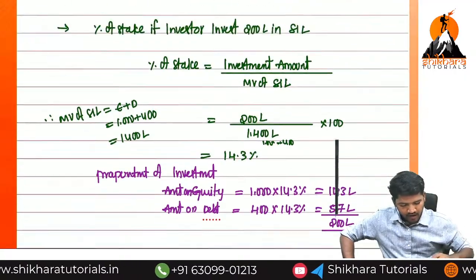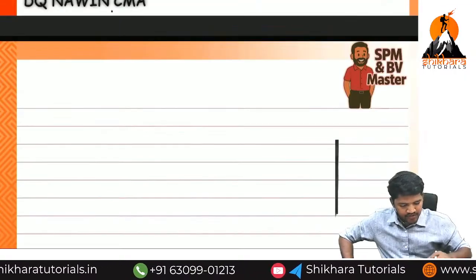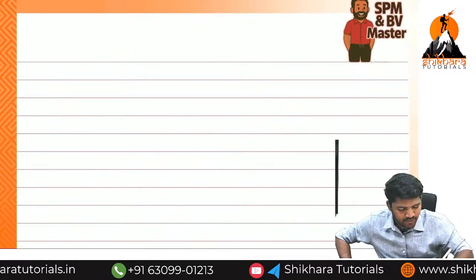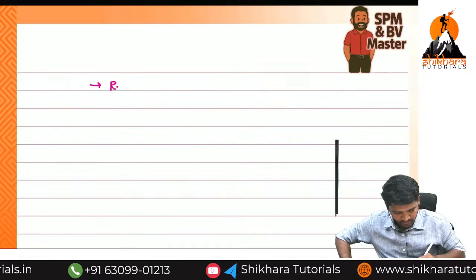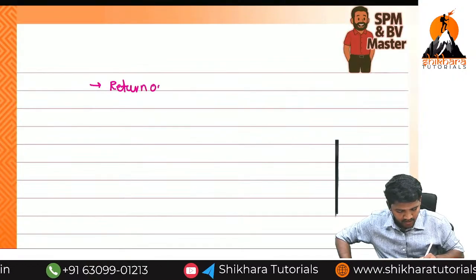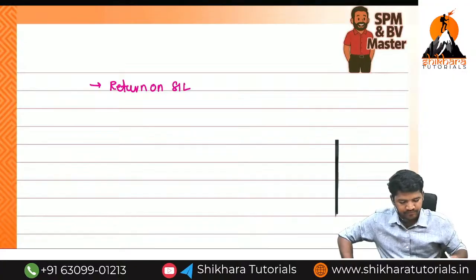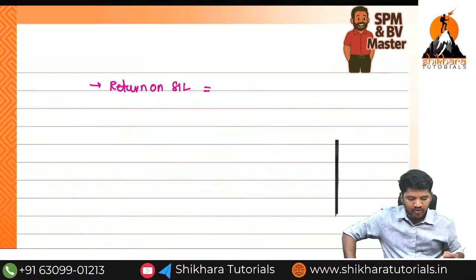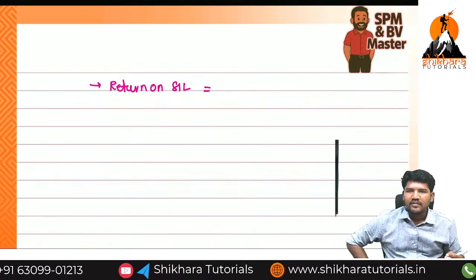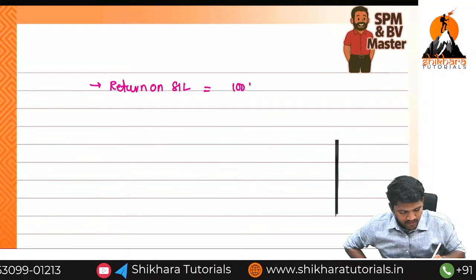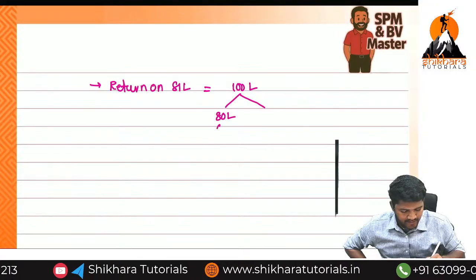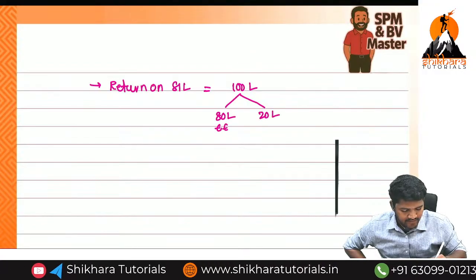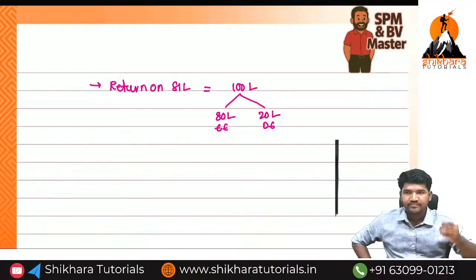Now okay, I understand the stake, how much I receive. Can I calculate the profit? Return on SIL: we have two returns in SIL. 100 lakhs is the company earnings. Out of 100, 80 lakhs is equity earnings and 20 lakhs is debt holder earnings. Guys, clear?